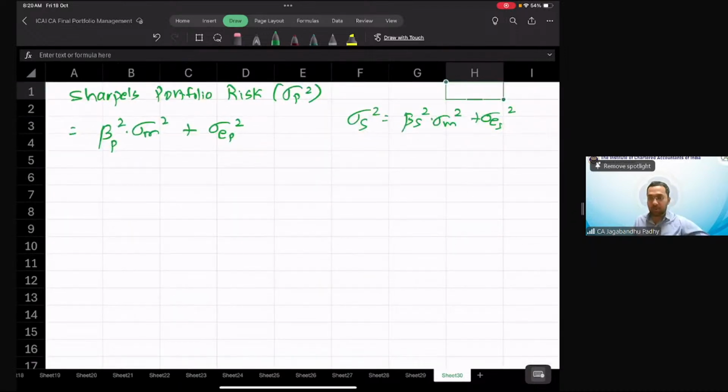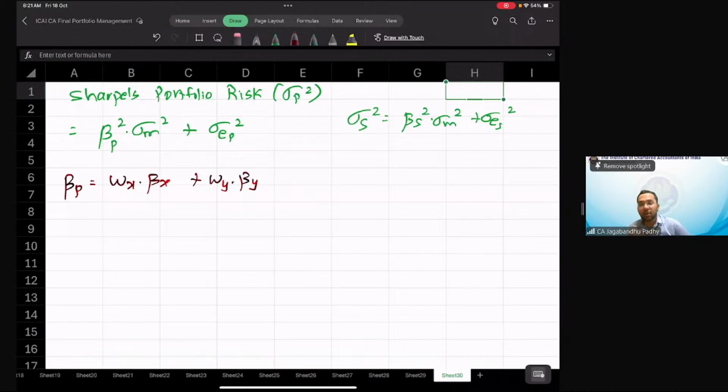So let us just try to expand this. Suppose there are two securities in our portfolio. So what will be the beta of portfolio? Understand that portfolio beta is given as weight of x into beta of x plus weight of y into beta of y. That's the beauty of portfolio beta.